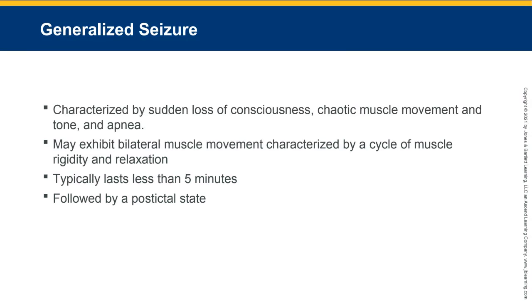They may exhibit bilateral muscle movement characterized by a cycle of muscle rigidity. So the muscles get rigid, then relax, rigid, relax. It typically lasts less than 5 minutes, followed by a post-ictal state.